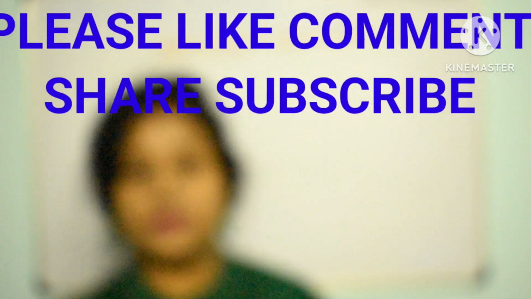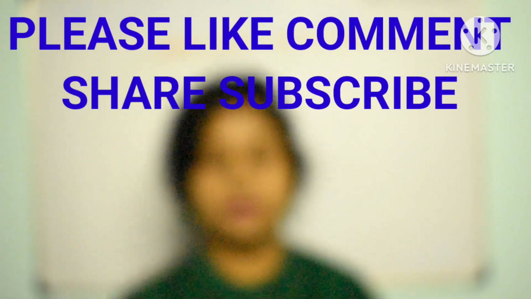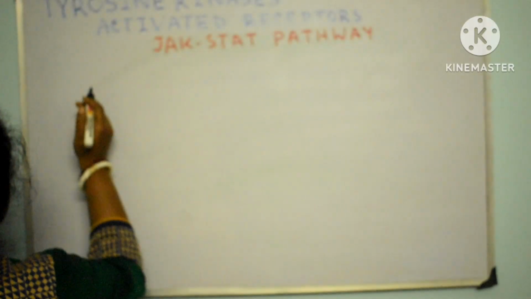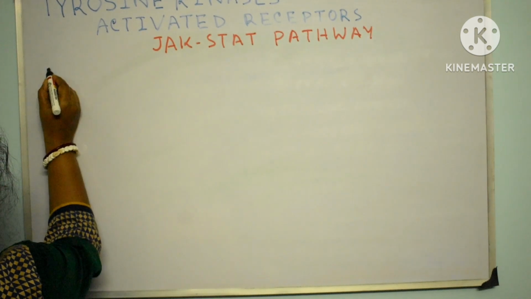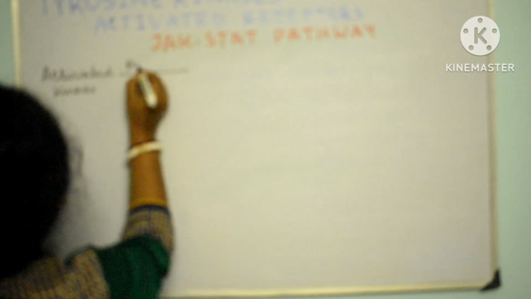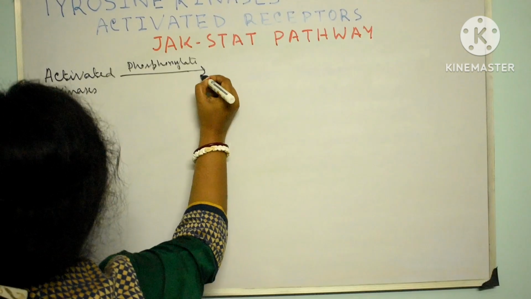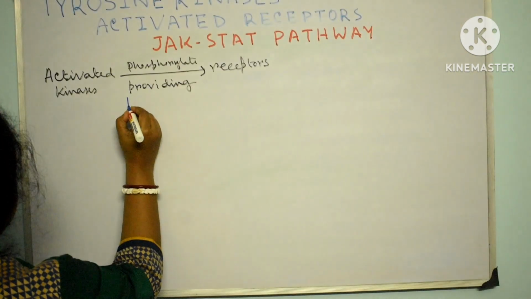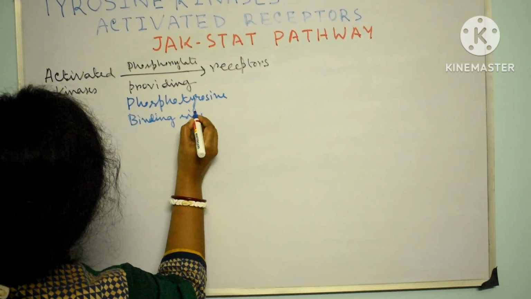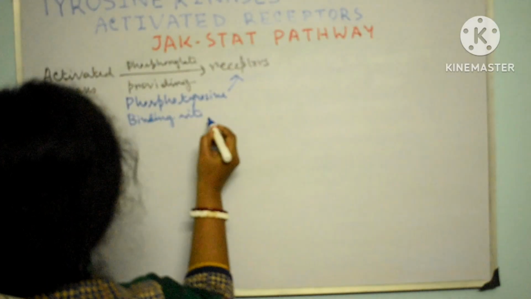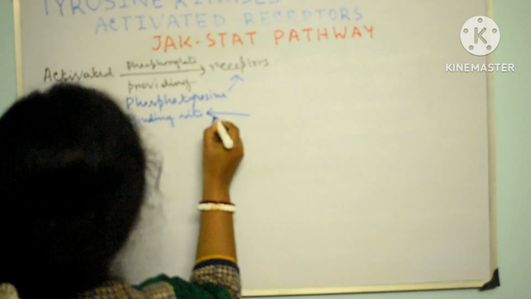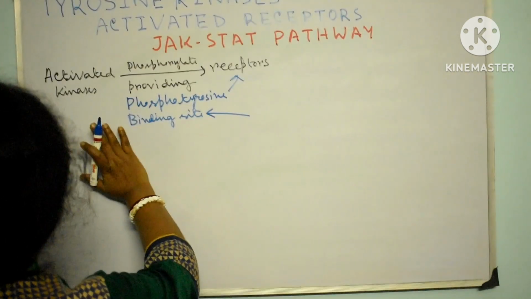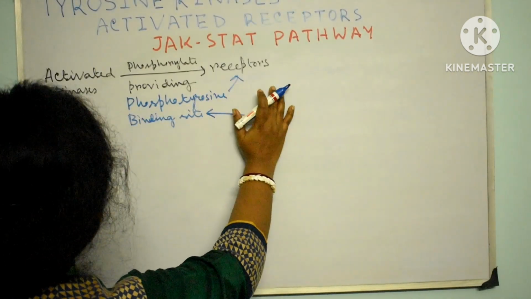Now let's concentrate on our last topic of this unit, the Jak-Stat pathway. Kinase activation is done. Activated kinase phosphorylates receptors and provides a phosphotyrosine binding site to the receptor.